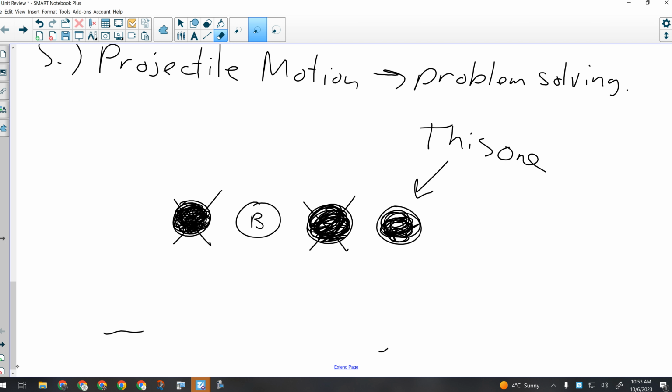A velocity versus time graph. The velocity versus time graph has a part A, B, and C. The vector addition problem.